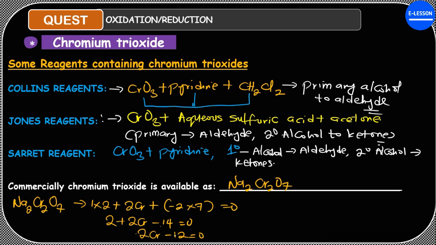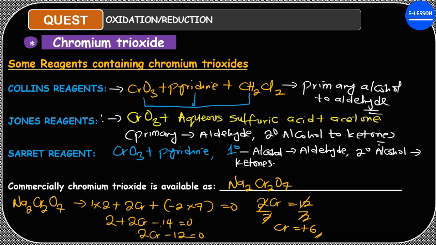Take this 12 to this side, so 2Cr equals 12. Divide both sides by 2, and Cr equals plus 6. So it is sodium heptaoxodichromate(VI), the form in which chromium trioxide is available in the market commercially.